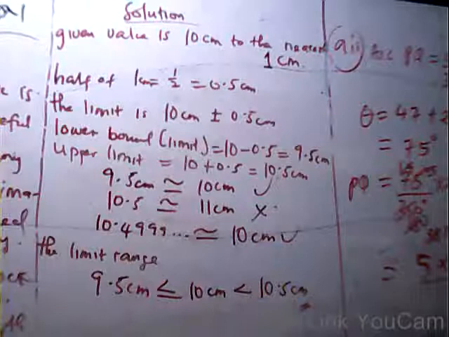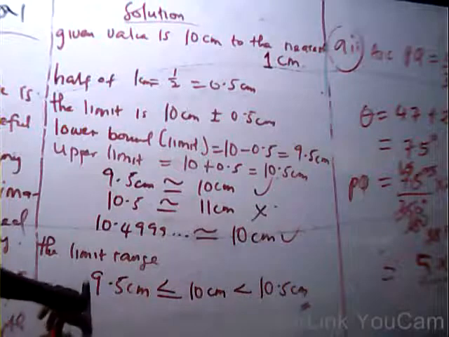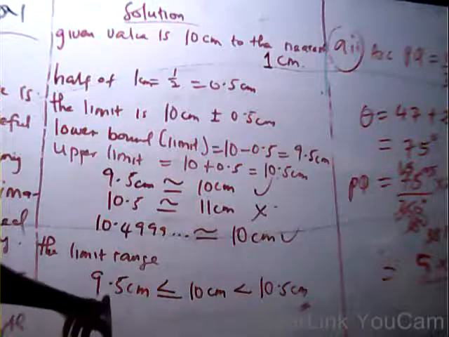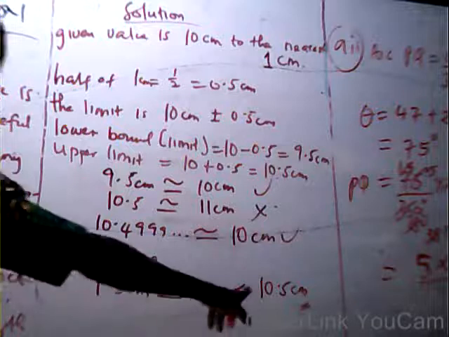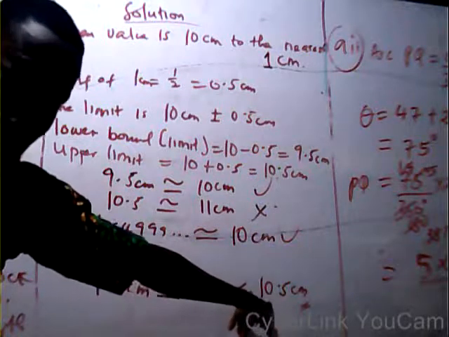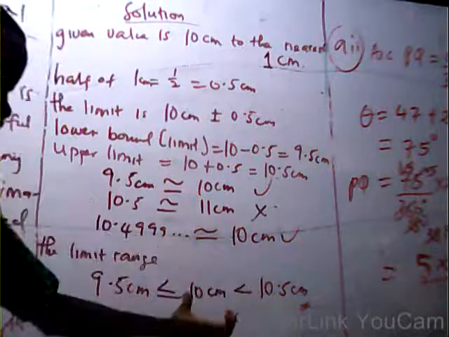I hope you get it. The meaning of this range is that the value starts from 9.5 but does not reach 10.5. That's the meaning of this.